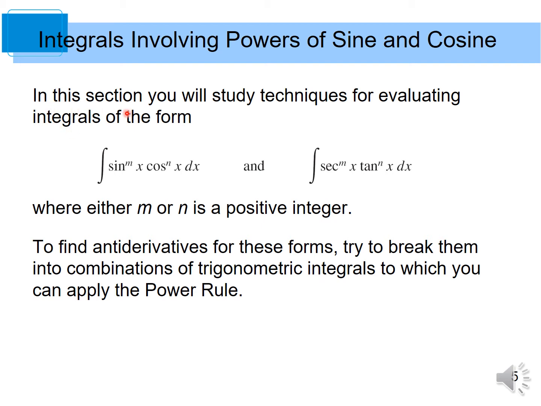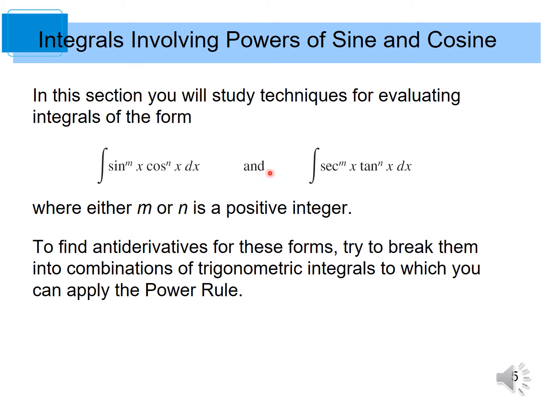In this section, you will study techniques for evaluating integrals of the form integrate sine to the power m of x times cosine to the power n of x with respect to x.